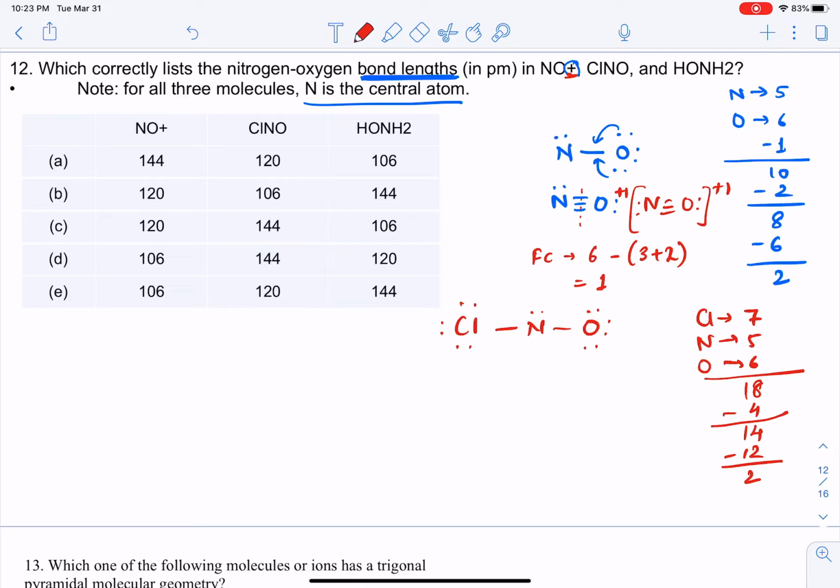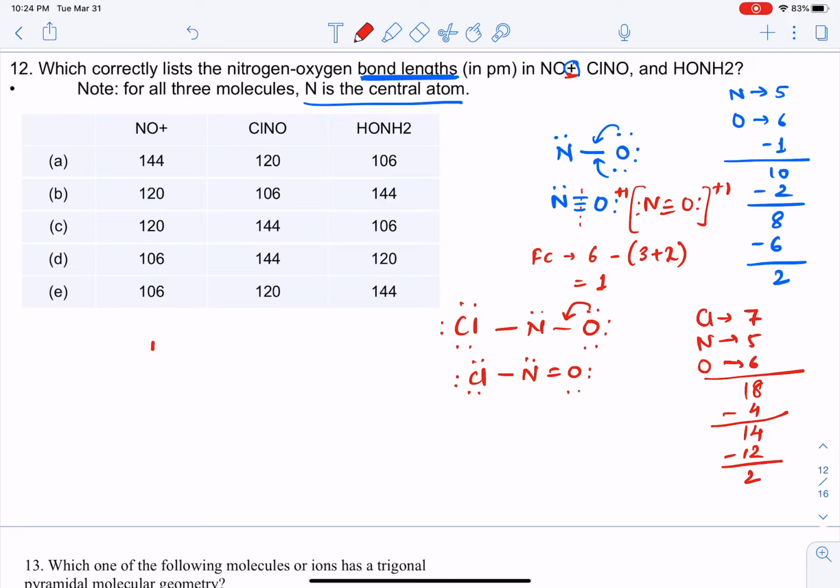Now if you see properly, the nitrogen is not forming an octet again, so we'll give the electrons from oxygen. Now why from oxygen? Because oxygen is less electronegative, so it can give electrons. Now if you see, the formal charge is 0 and octet is followed. Okay, so we have the structure for ClNO.